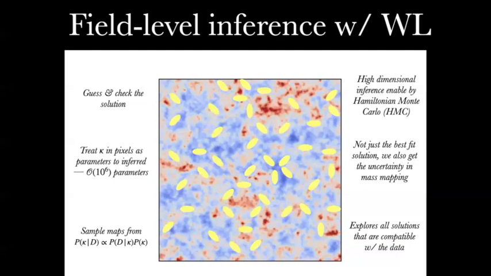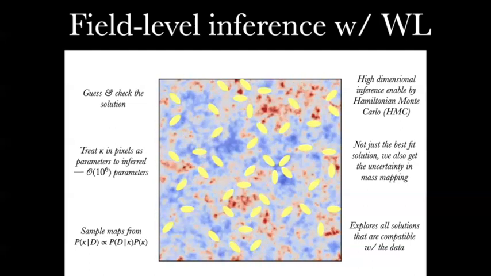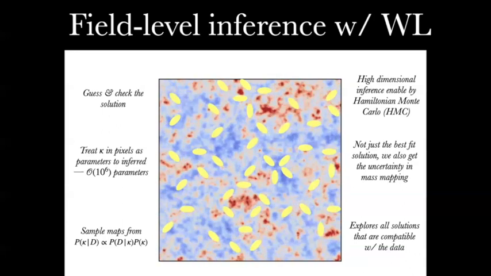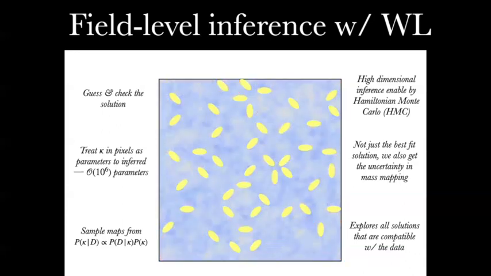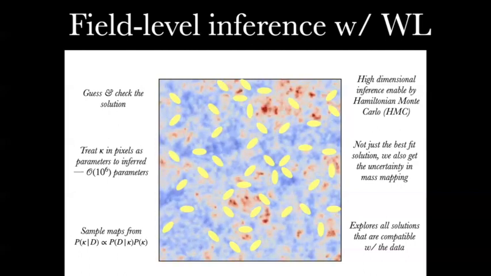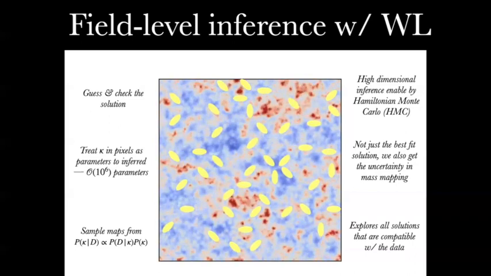The main trick here is that we treat the density field, or the convergence field, on each pixel as parameters that we want to infer, in which case we can turn this into a Bayesian inference problem of inferring the map given the data.